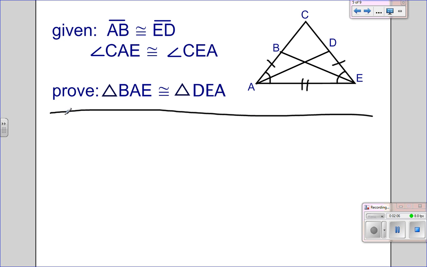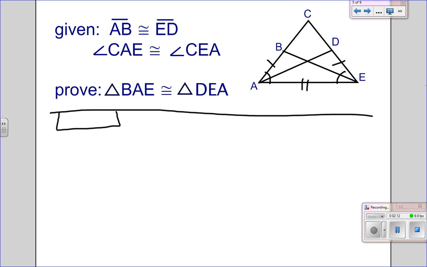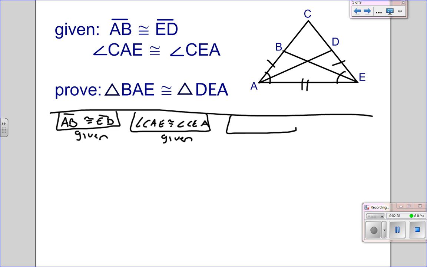So if we write our proof out, we'll get our givens to go first. We'll get our givens here. AB is congruent to ED. Angle CAE is congruent to angle CEA. And finally, you also know that you have a reflexive side.